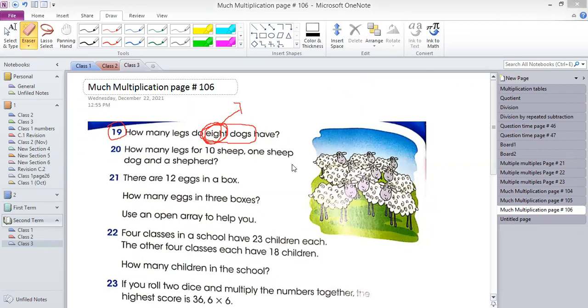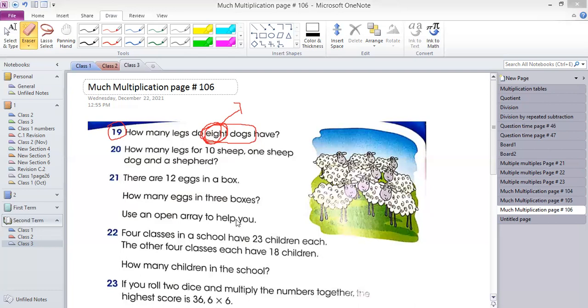I'll take one more student. Muhammad Al-Harbi, how many legs for 8 dogs? 4 multiplied by 8 equals 32 legs. Very good.